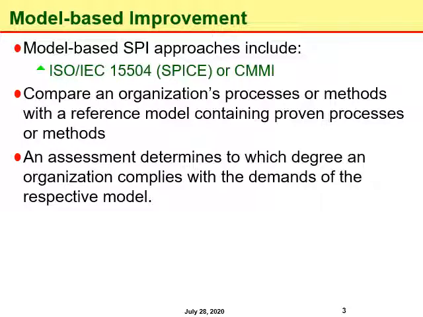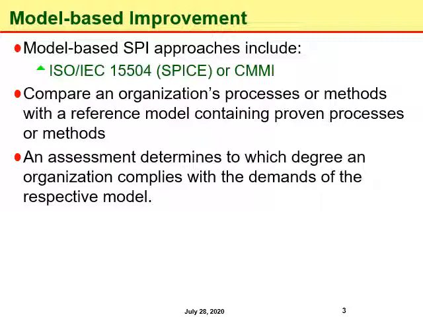Model-based software process improvement approaches include, for example, ISO IEC 15504, which is also called SPICE, or CMMI. These approaches compare an organization's processes or methods with a reference model containing proven processes or methods.